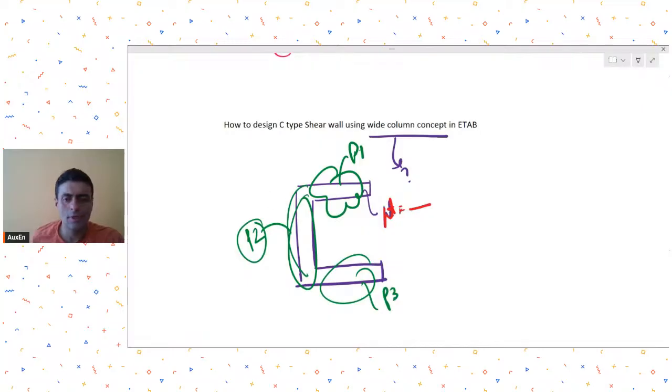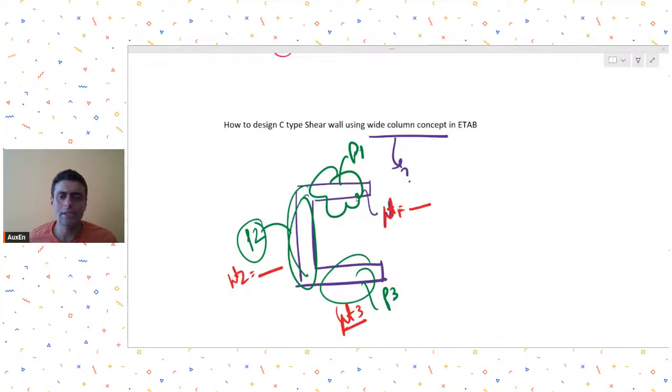Now it will be up to you to decide whether you want to provide different percentages in three different legs of the wall, like in this leg 1 you want to provide PT1 percentage, and in this leg 2 you want to provide PT2 percentage, and so on. Or whether you want to just go with the highest percentage and provide it throughout in your C-shaped wall, that decision you have to take.